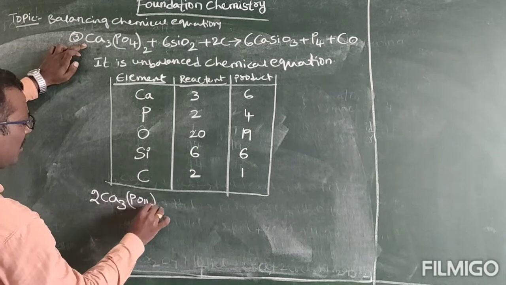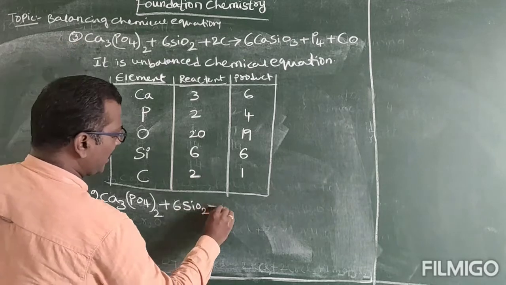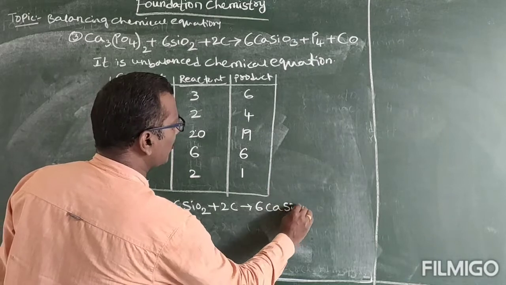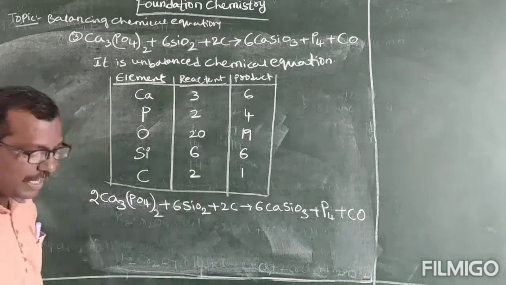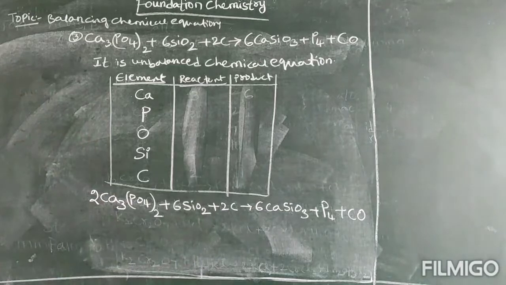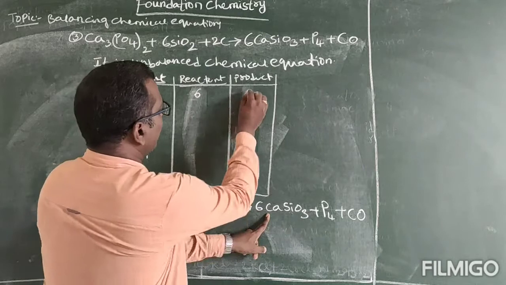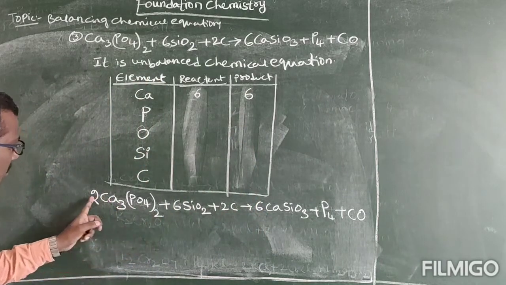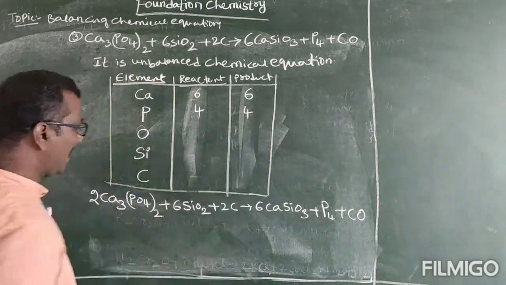2Ca3PO4 taken twice plus 6SiO2 plus 2C gives rise to 6CaSiO3 plus P4 plus CO. Now again I have to check whether the reactant side and product side are balanced or not. 2 threes are 6 on the reactant side and 6 on the product side. Phosphorus 1 into 2, 2 twos are 4 and here 4, it is also balanced.